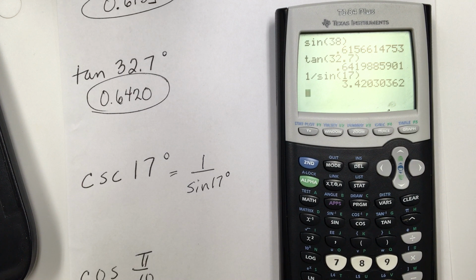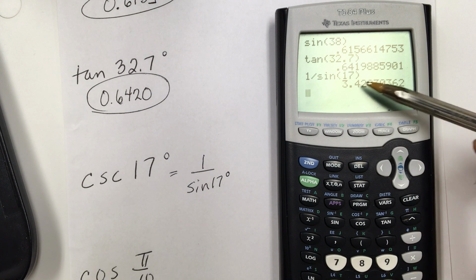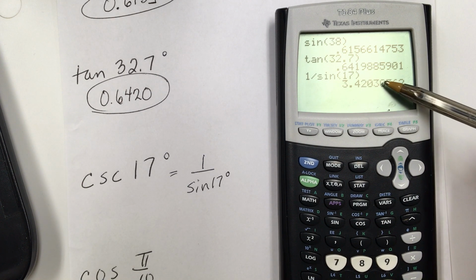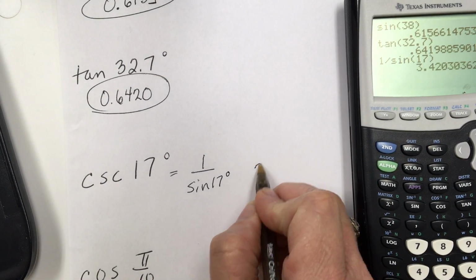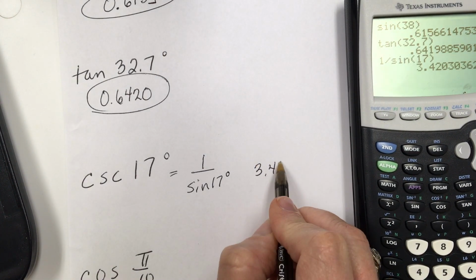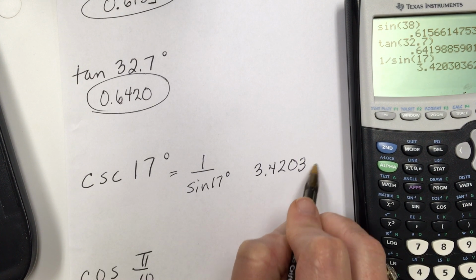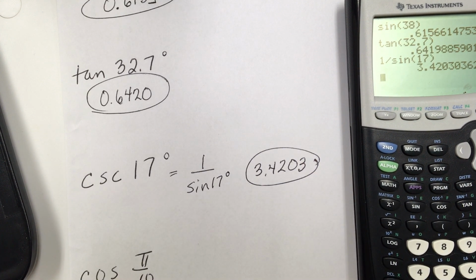When I do, I get 3.4203. There's a 0 to the right of 3, so 3 does not need to round up. If it's 4 or less, 3 stays the same. Therefore, I get 3.4203. So there's your answer for that problem.